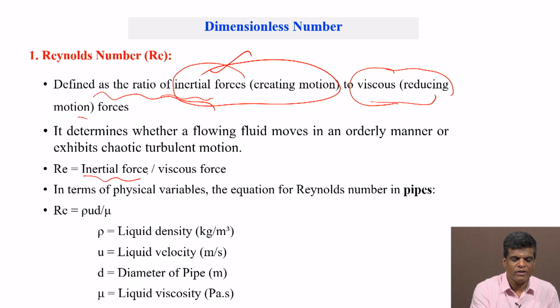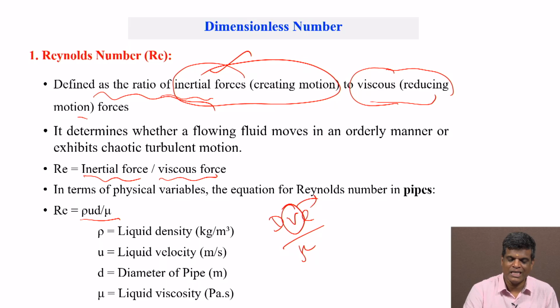So inertial force by viscous force is always the Reynolds number, and we write it as d V rho by mu.